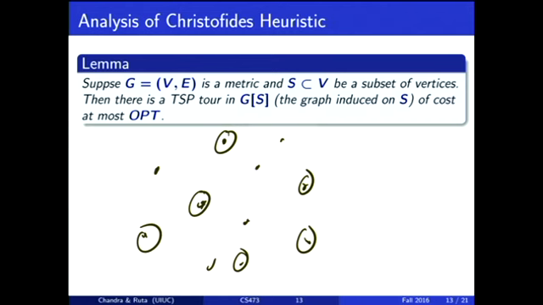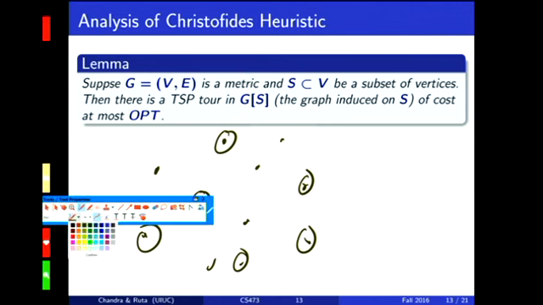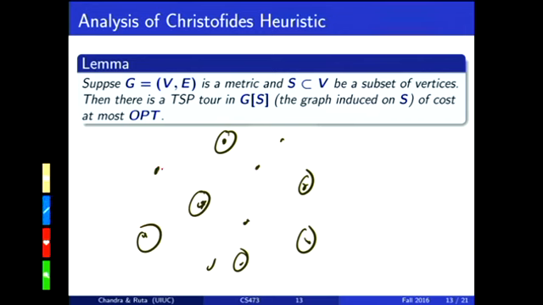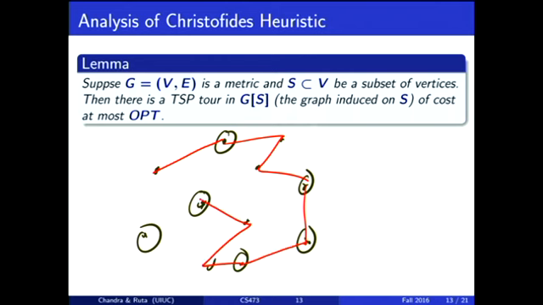Why? Well, this is where we are using the metric property, right? Why is that the case? Maybe my TSP tour of the original thing was like this, right? Maybe that was my TSP originally, right?